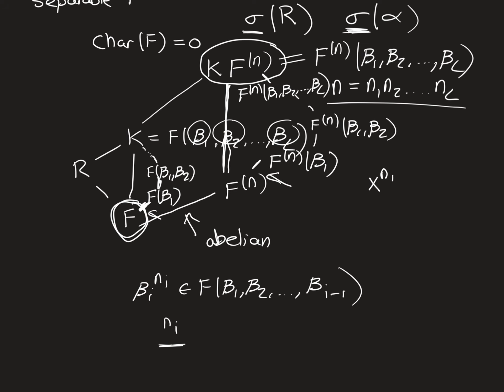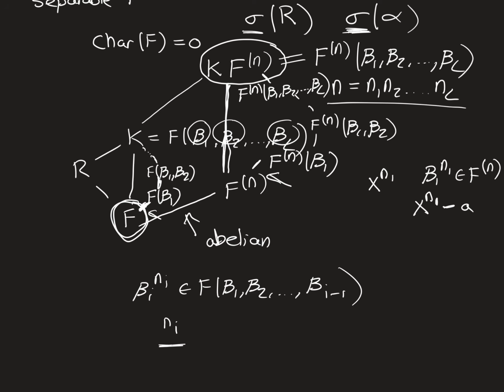We know beta 1 to the power of n1 is an element of F, so it's certainly an element of F adjoin zeta n. So you're adjoining a root of a polynomial of the form x to the n1 minus a, where a is in the base field.